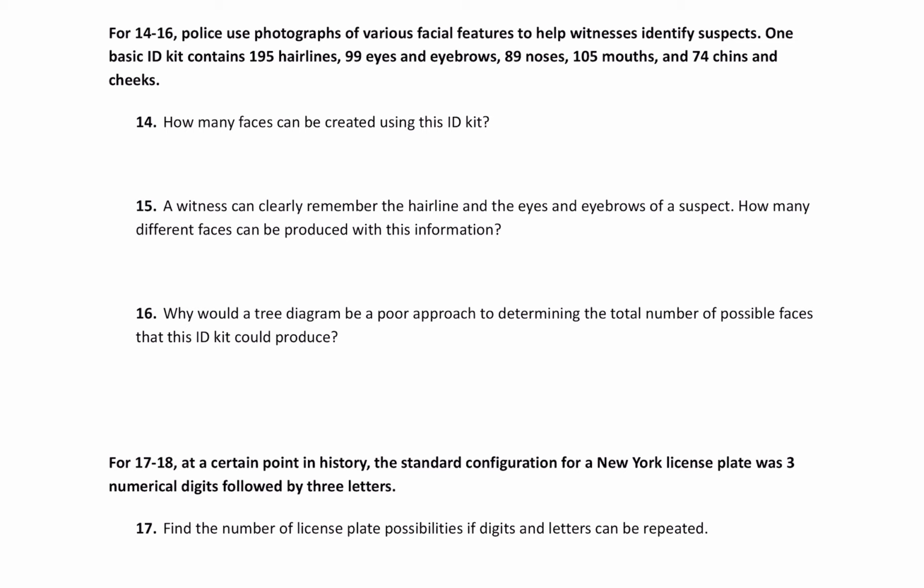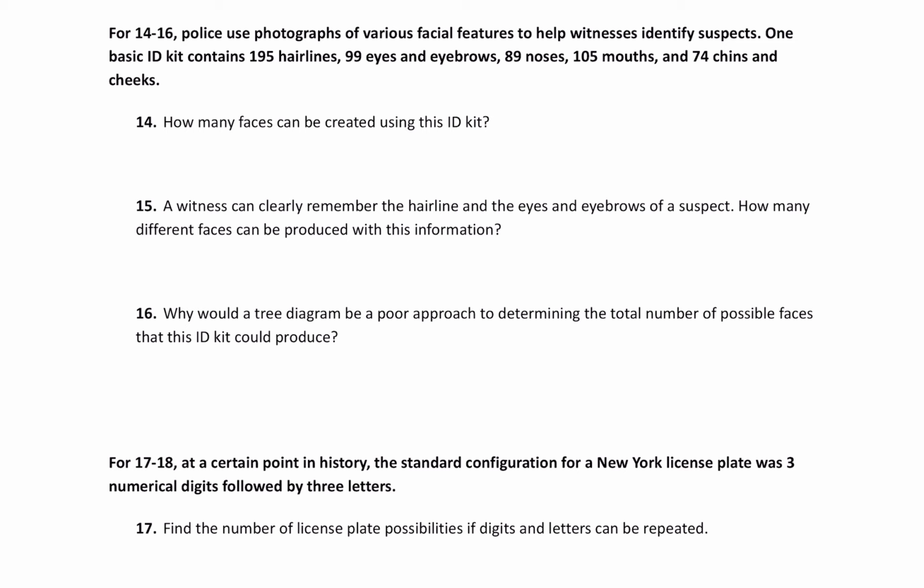One important thing to note here is it says 99 eyes and eyebrows, but that's 1 unit here. And then 74 chins and cheeks is also 1 unit. So we don't have 74 chins and 74 different cheeks. We can choose between 74 chins and cheeks, and they're like a package.